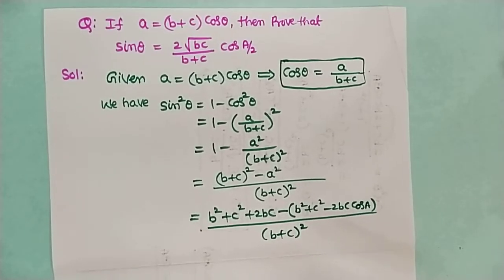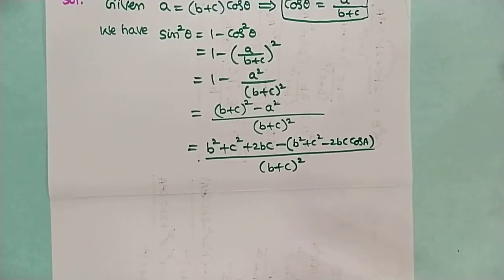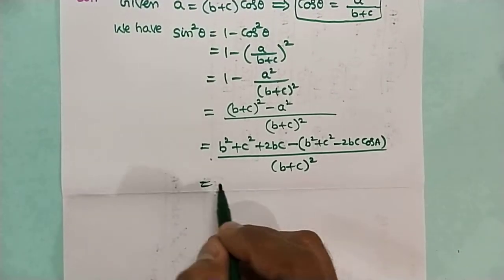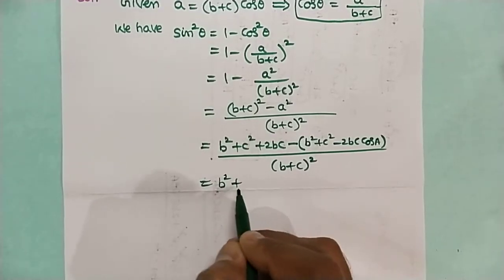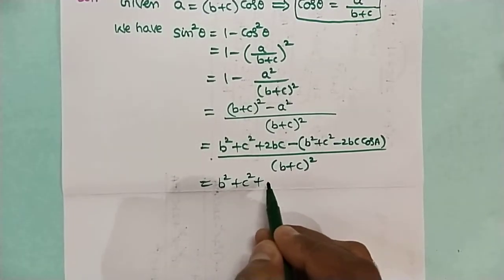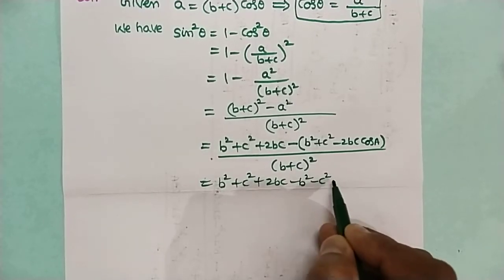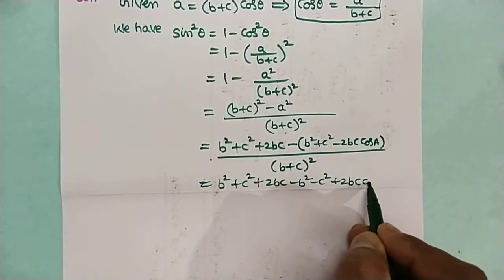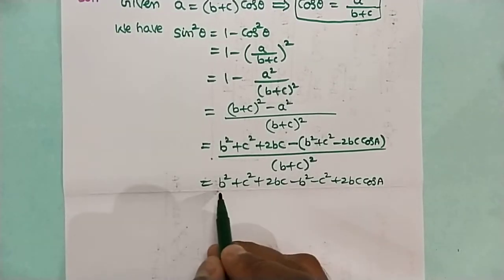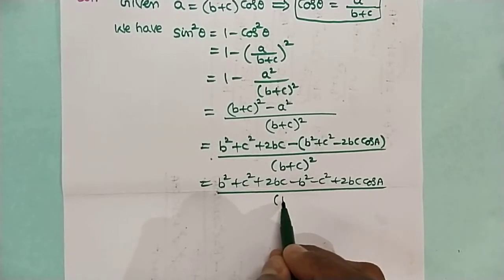Now simplify. b square plus c square plus 2bc minus b square minus c square plus 2bc cos a, whole divided by b plus c whole square.